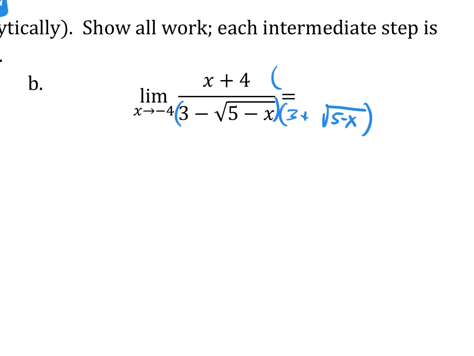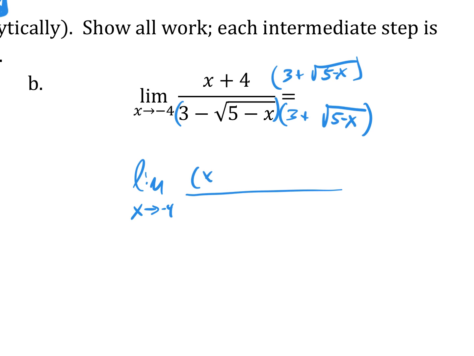And what you multiply the bottom by, you have to multiply the top by. Same thing, because we're really just multiplying by 1, and when you multiply by 1, it doesn't change anything. So what happens? On the top, we don't want to do anything. x plus 4, just leave it alone, because our whole goal here is to cancel out that x plus 4.